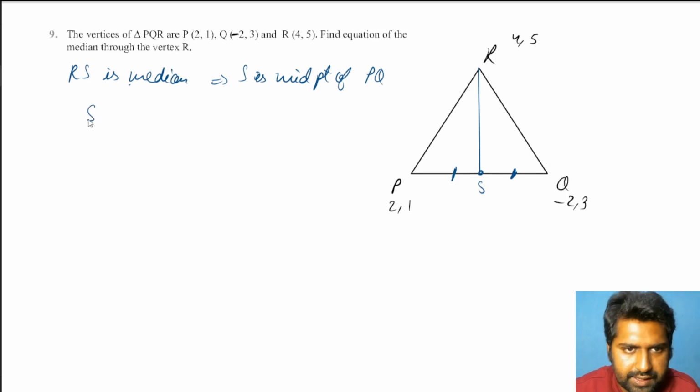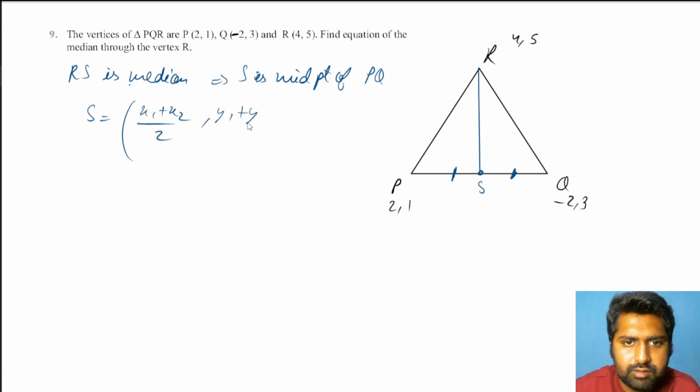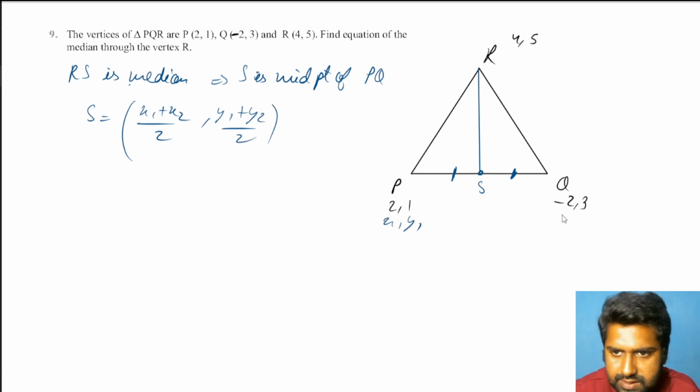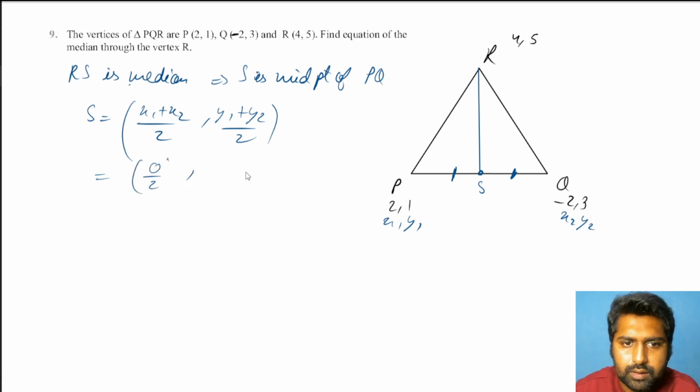The coordinates of S will be x1 plus x2 by 2 and y1 plus y2 by 2. This is our x1 y1, this is our x2 y2, because you have to calculate the midpoint of these. So add the x coordinates, divide by 2. So 2 plus minus 2, 0 by 2, and 1 plus 3, 4 by 2. That's basically 0 comma 2.